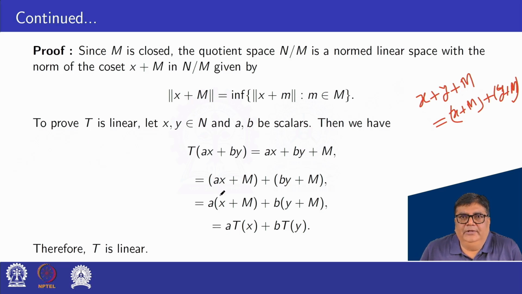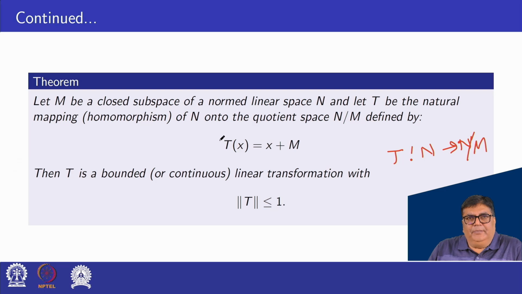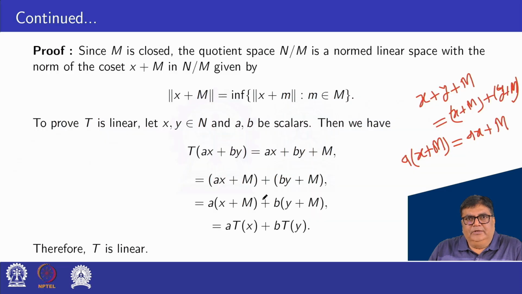So as per this statement we can write ax plus by plus M is equal to this one. And again we know that if a is a scalar, a(x plus M) is equal to ax plus M. So this one can be written as ax plus M and this is by plus M. Again here we apply the statement of the theorem, Tx defined by x plus M. So we can write x plus M as Tx, that is aTx plus bTy.